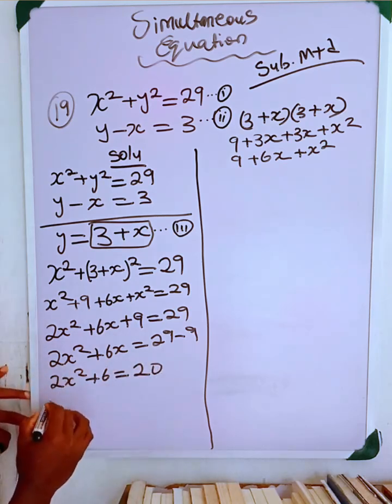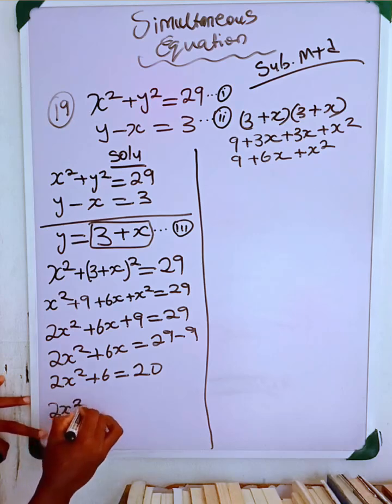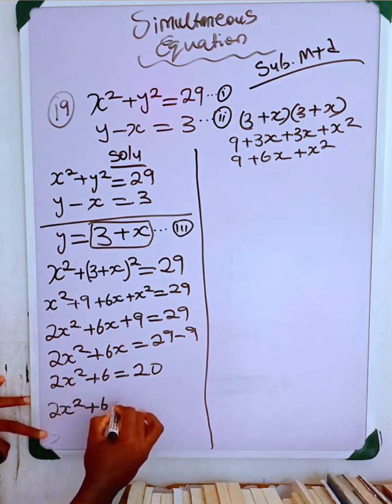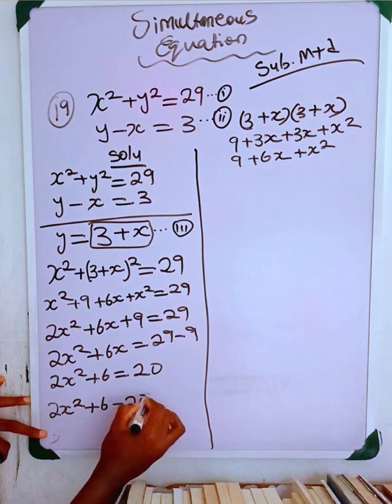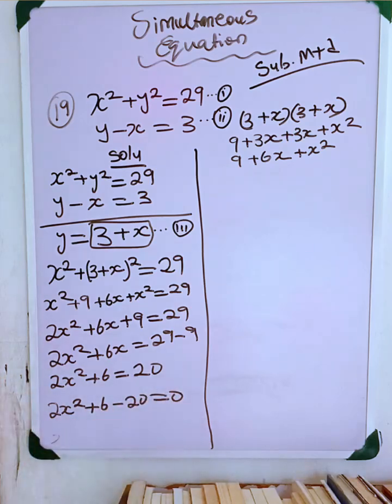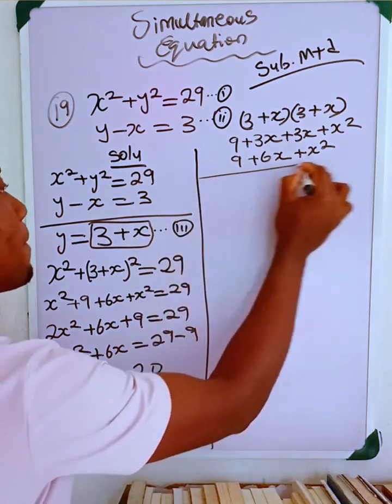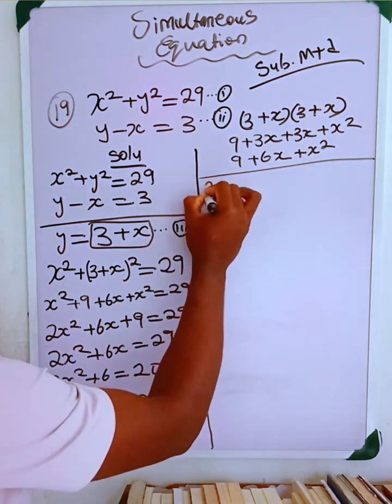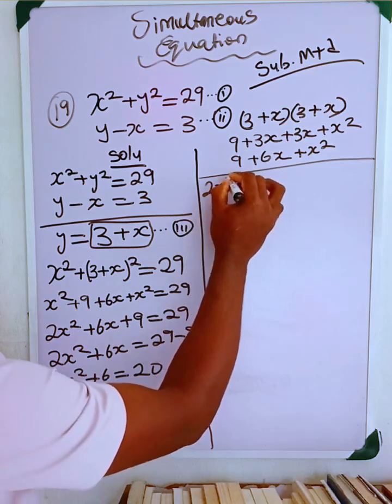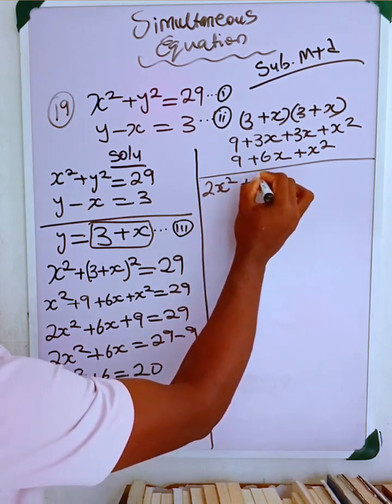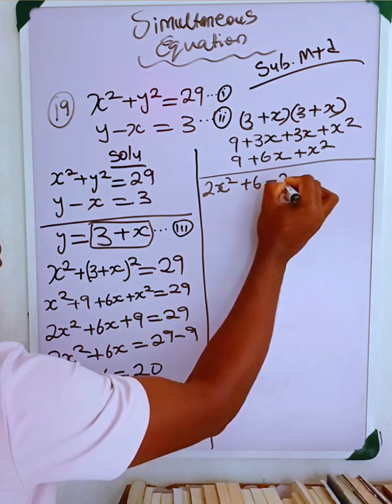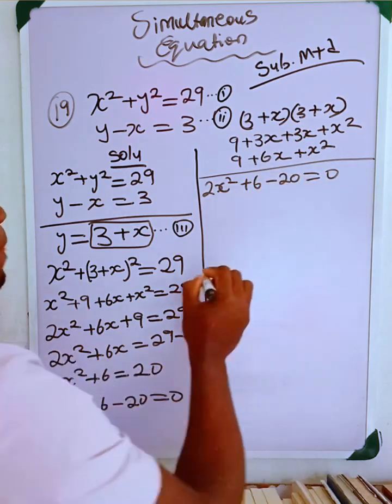This is the same thing as 2x squared plus 6x minus 20 equals 0. Are you following?